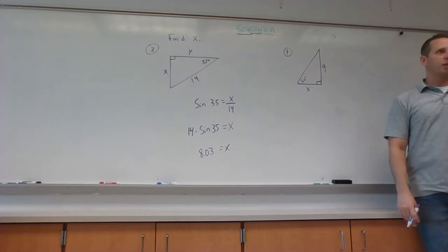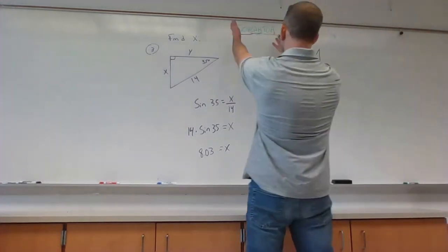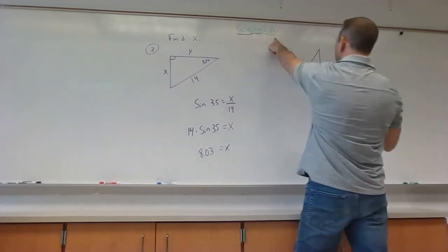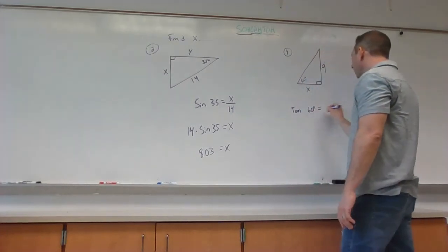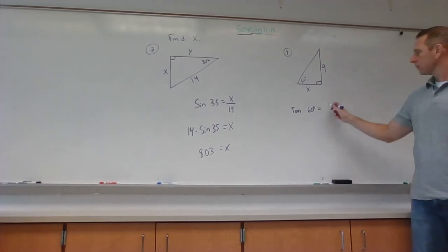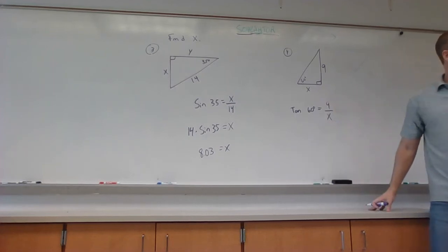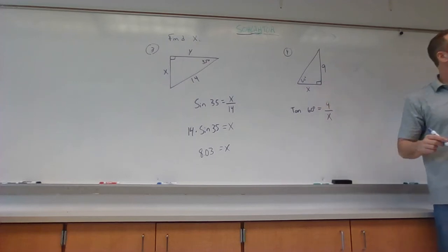Well, guess what else you can use? Opposite adjacent, tangent of 60 degrees equals opposite over adjacent, 9 over x. In relationship to the angle, we're given the opposite side, trying to find the adjacent.